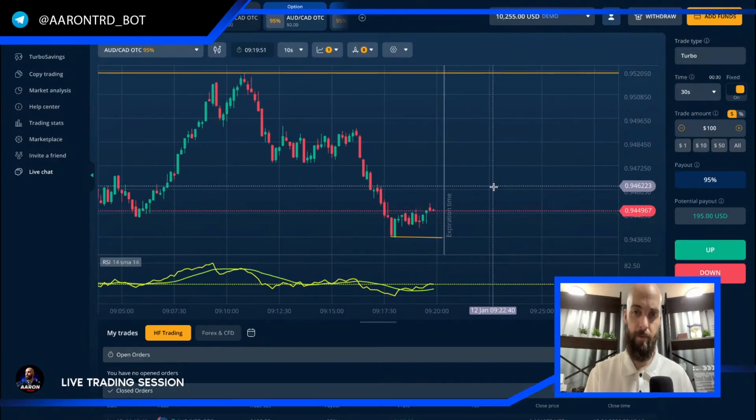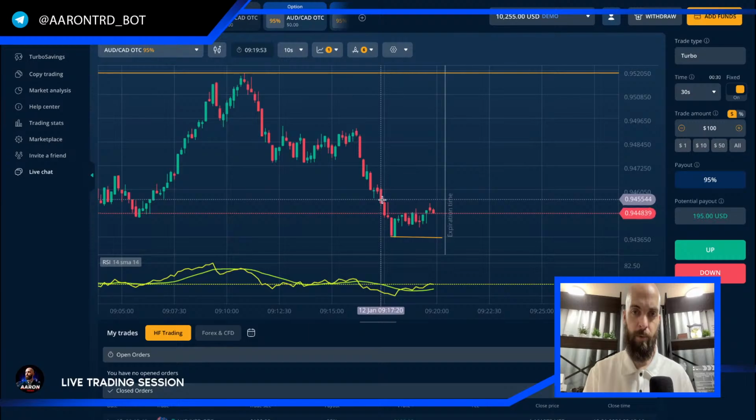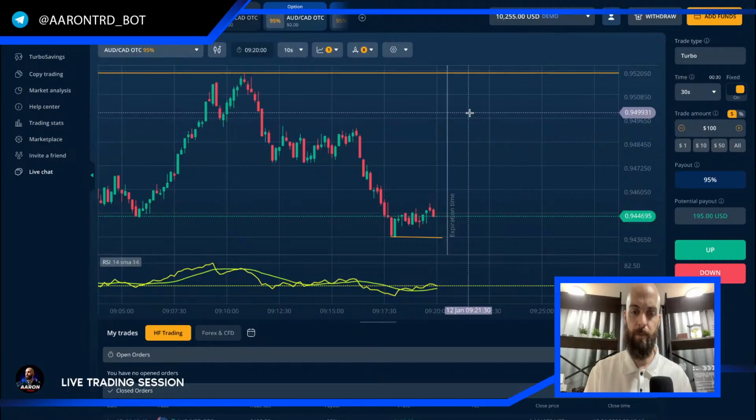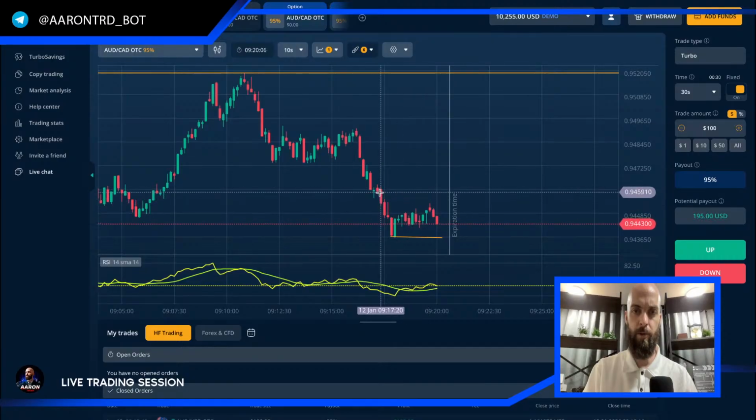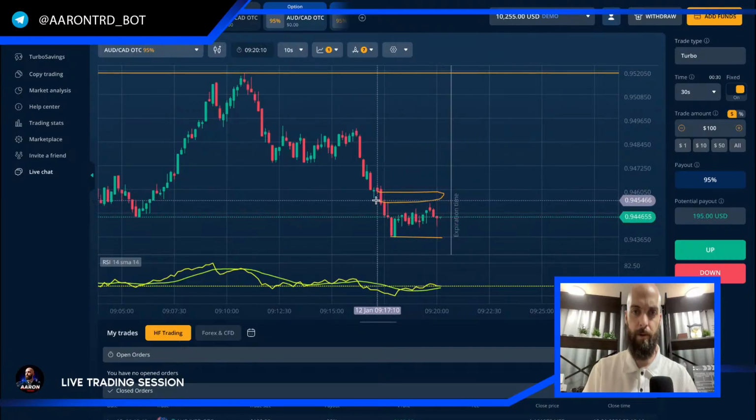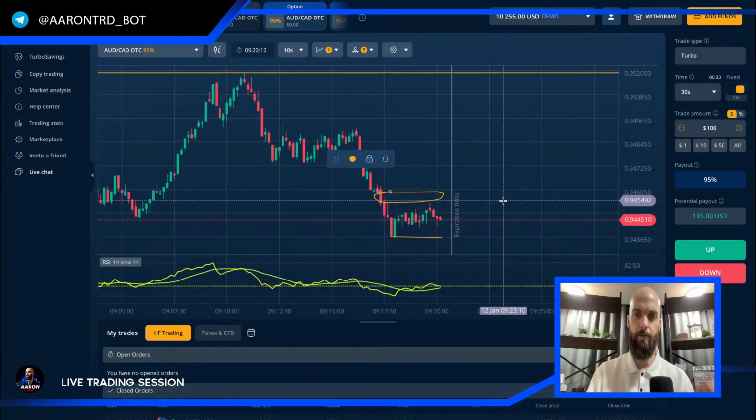It could still happen. Maybe it wants to close in some fair value gaps first. Bounce off this zone. Let's see. Let me check out my brush here. This is what I'm talking about right here, this little area.